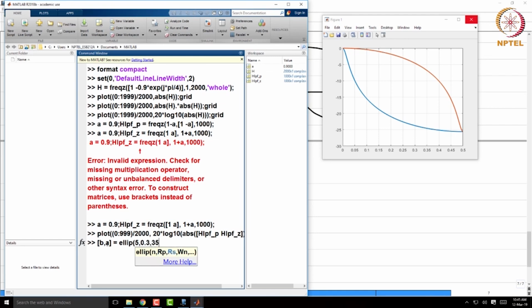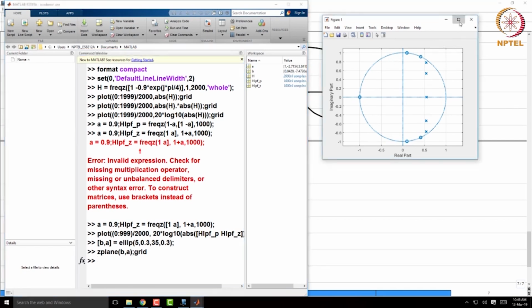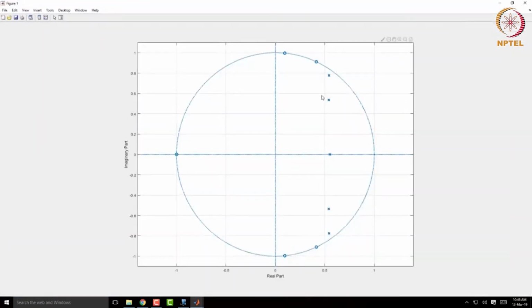Never mind what these parameters are. And then if you plot the pole zero plot, this is how it looks. So this is a 5th order elliptic filter. These are all the poles and these are all the zeros.